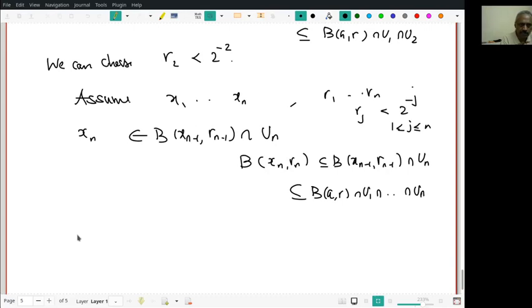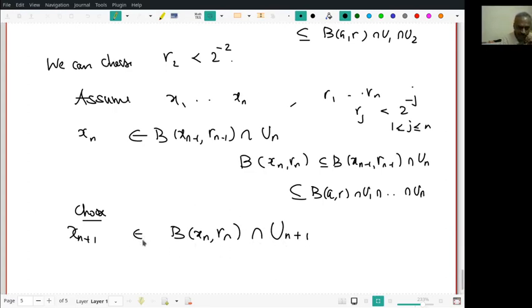Therefore, now how will I choose my xn plus 1? Now let's look at B(xn, Rn) intersection Un plus 1, and this is a non-empty open set, since it is a dense set.